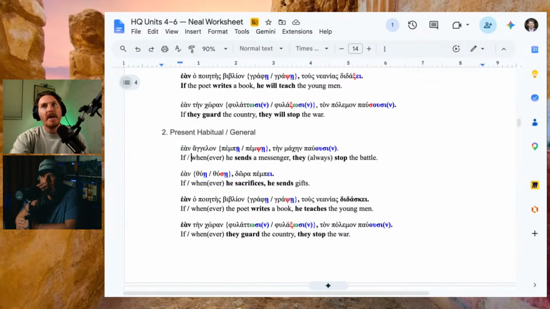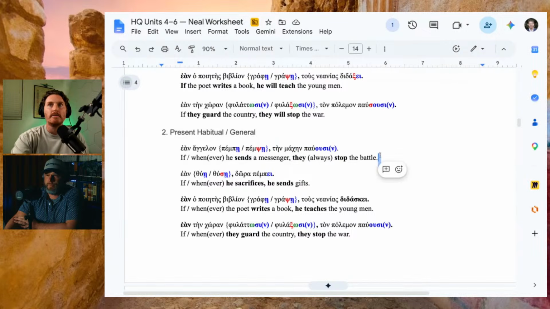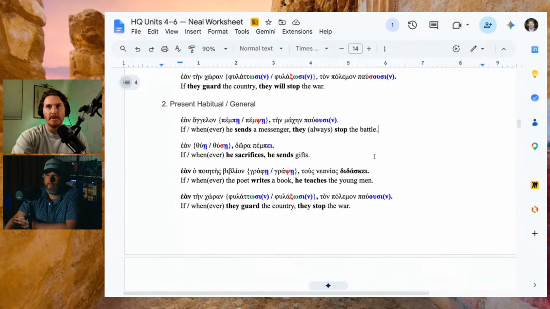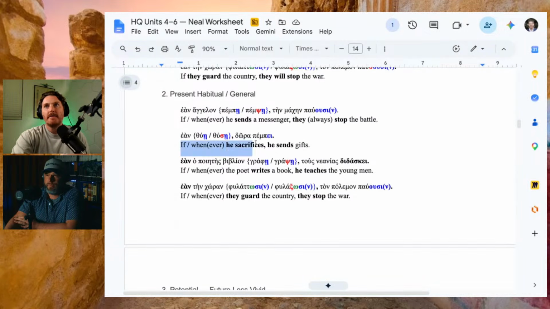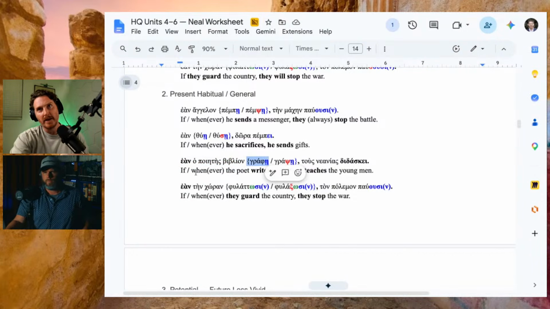Ean angelon pempe. So if he ever or whenever he sends a messenger, ten machen pausin, they always stop the battle habitually, right? If whenever he sacrifices, he sends gifts. Ean thue, dora pempei, right?